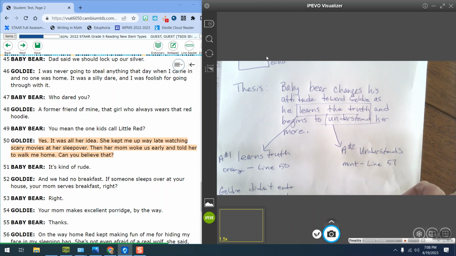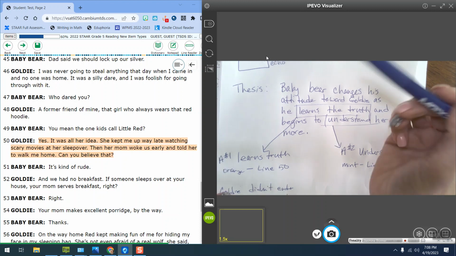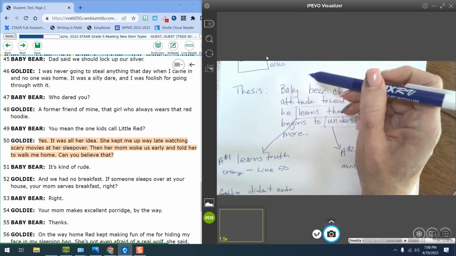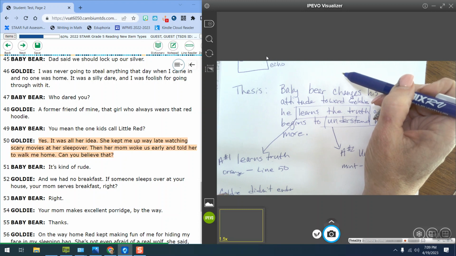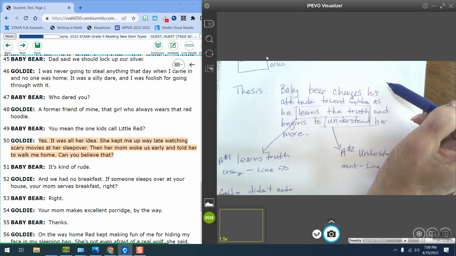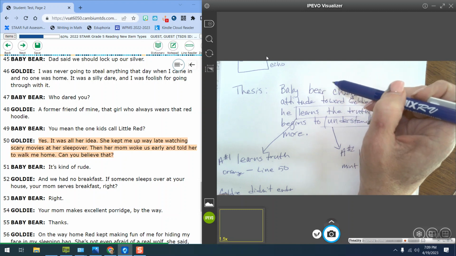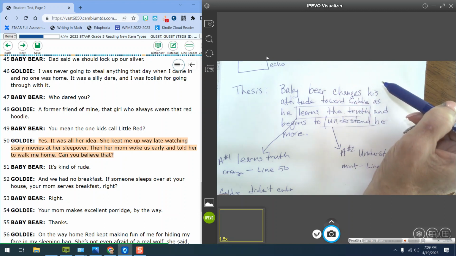He had a bad opinion of her because all he knew about her was that she had broken into their house. So I'm going to probably say something like, imagine a world where your enemy is invited into your home. Baby Bear found himself in this exact situation with Goldilocks.